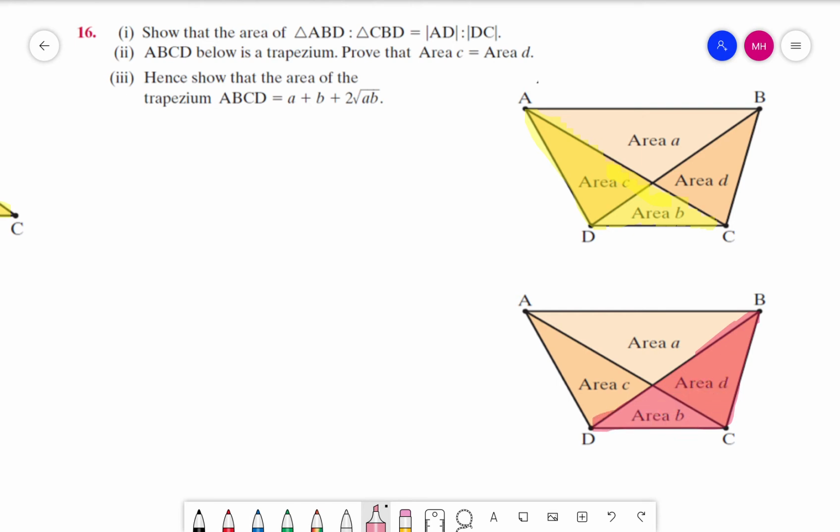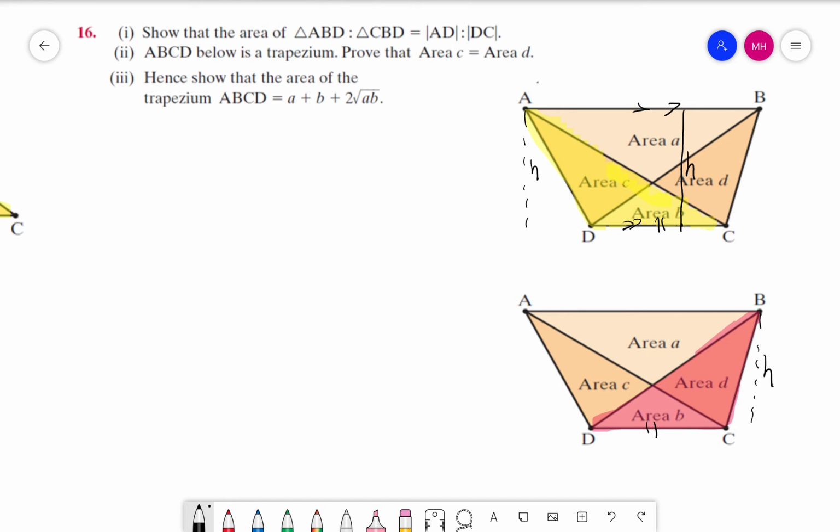And the thing you'll notice about these two triangles is that they have the same base. And because these two lines are parallel, the distance from here to here is the same. So they've got the same H's. So we've got an H here and we've got an H here. They're the same.